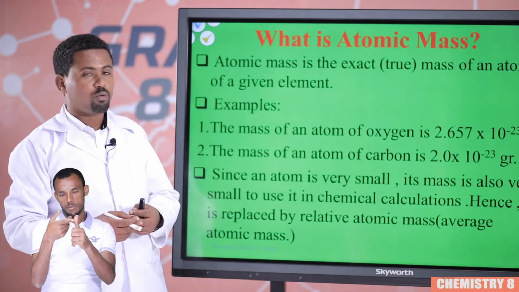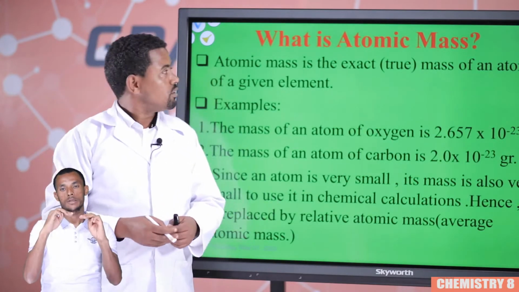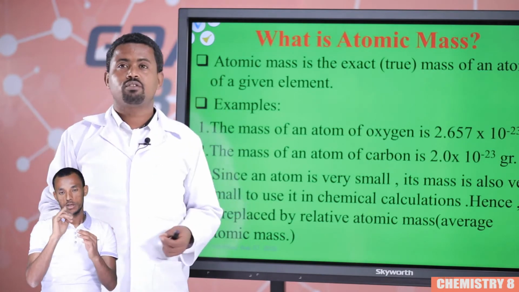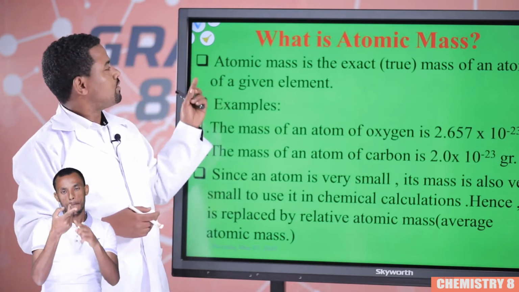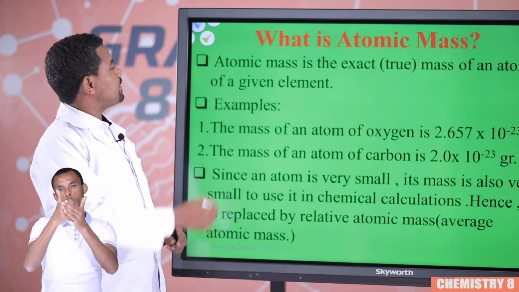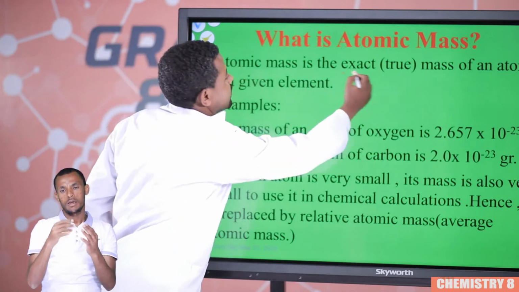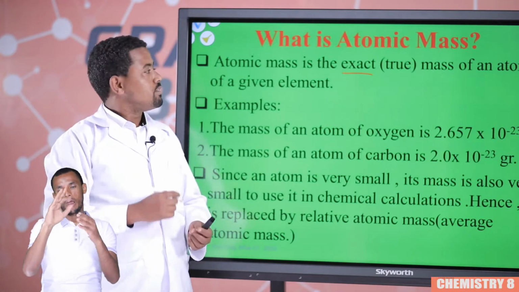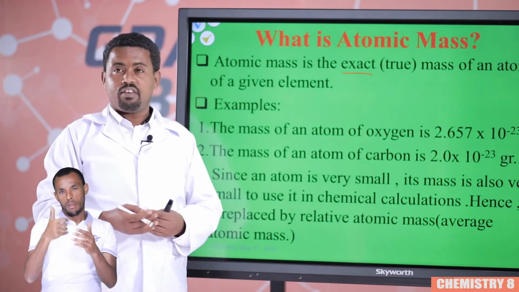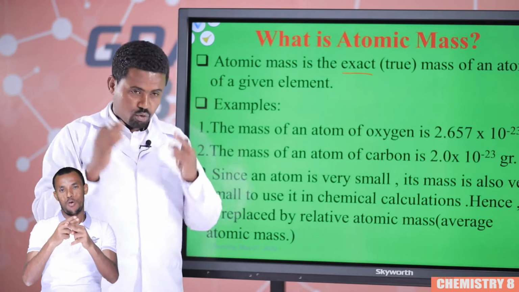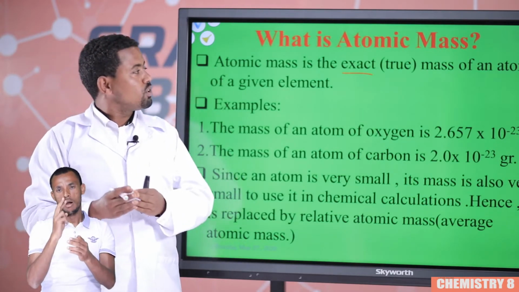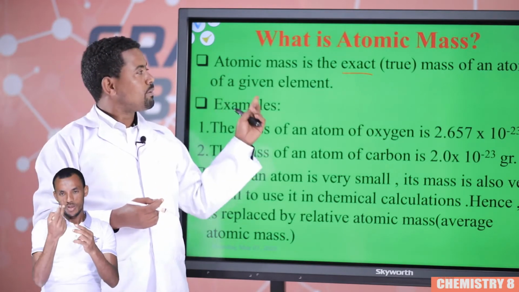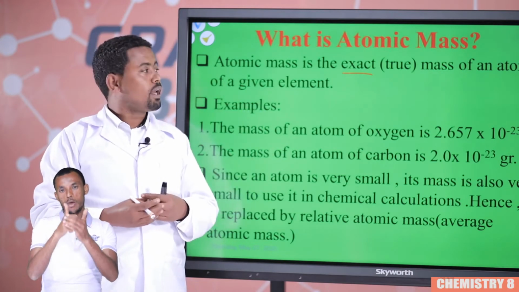The first thing is atomic mass. Of course, this atomic mass is what you have learned from Grade 7. But what is atomic mass? Atomic mass is the exact or true mass of an atom of a given element. Since atoms are very small to be seen or to use in chemical calculations, this atomic mass is not used in our chemical calculations.